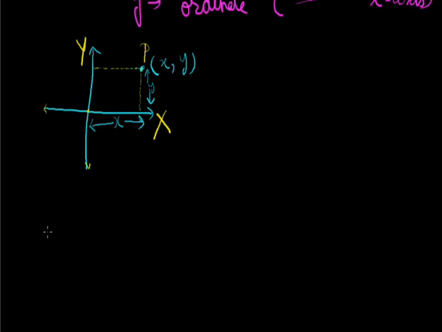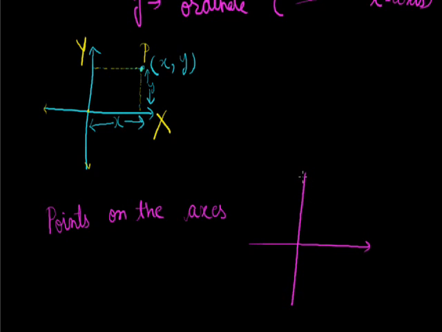If there is any point on the axis, suppose the point is on the x-axis, then its distance from the x-axis is 0, or we can say that the y-coordinate is 0.